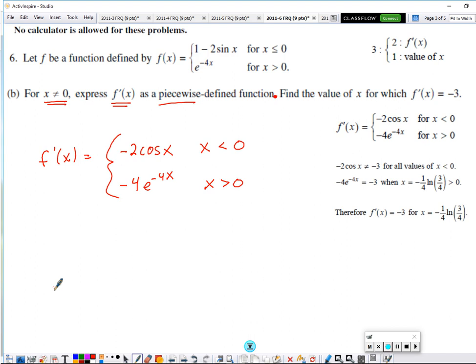It doesn't have to be, but the two pieces can meet at a corner. If they meet at a corner, you can't find the derivative at the corner. That's why there's no equal sign here, and they kind of gave that as a hint.